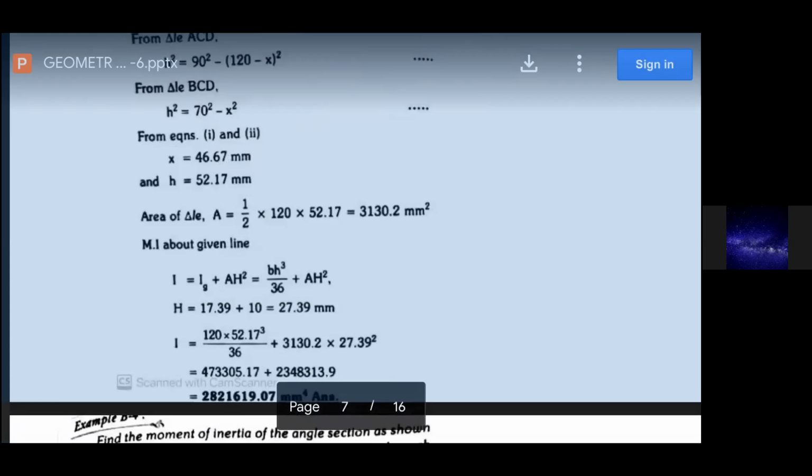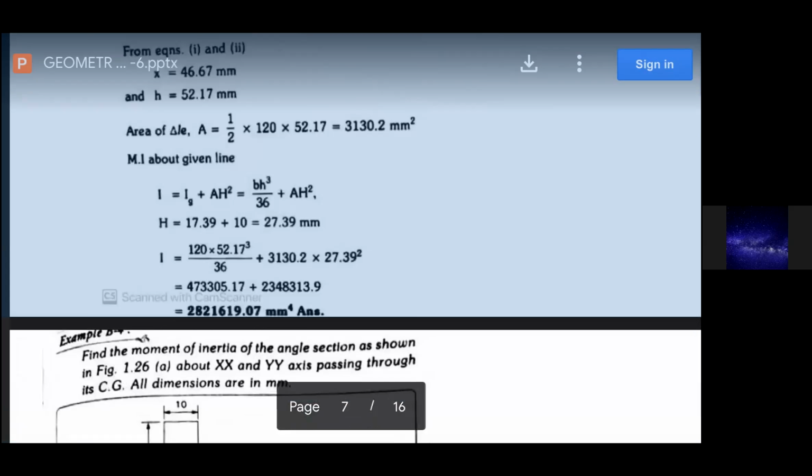So I is equal to B, that is 120, H 52.17, cube by 36, plus area 3130.2 into distance 27.39 whole square. So simplify, and we will get the answer.